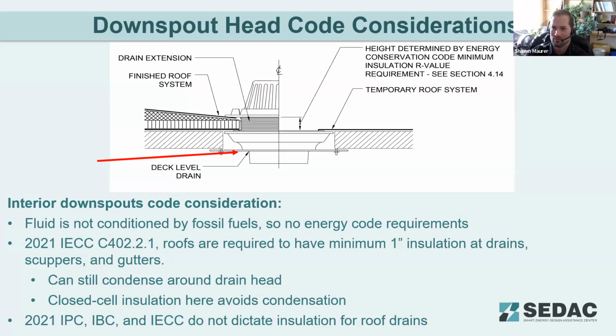Now you have to have that minimum of 1 inch. But you still have a little bit of condensation risk around the drain pan itself, and that's where Bob's talking about some elastomeric insulation there can help prevent condensation. But because those downspout gutters are not conditioned fluids, there isn't an energy code requirement to insulate those. That's more in the building codes, to prevent condensation and water damage, that those need to be insulated.